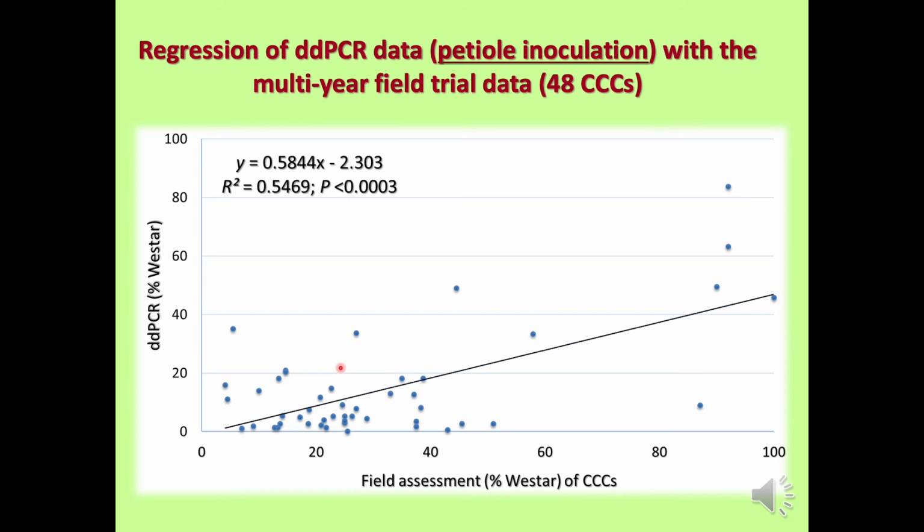This regression graph shows the good correlation between the two sets of data for PDO inoculation, with the exceptions where ddPCR seems to overestimate or underestimate the resistance levels as opposed to the field trial data.